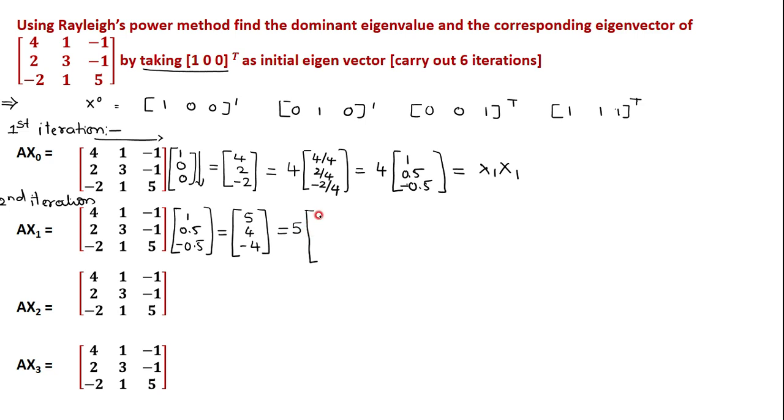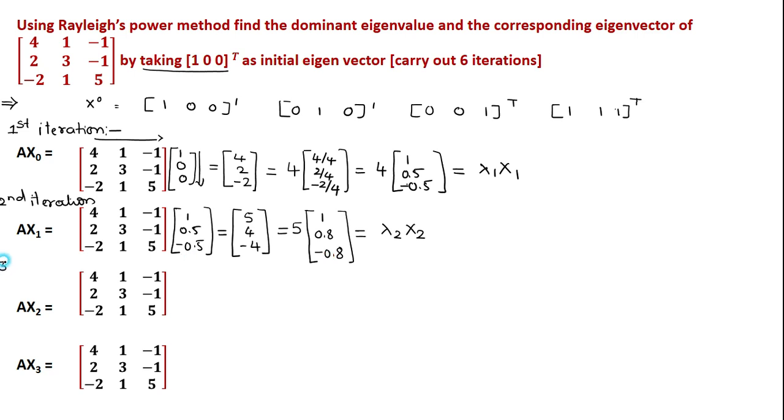That matrix will be 1, 4 by 5 which is 0.8, and minus 0.8, the same element with the minus sign. Now this can be written as lambda 2 x2. Here 5 is the second approximation for the eigenvalue and x2, with 1, 0.8, minus 0.8, is the corresponding eigenvector.